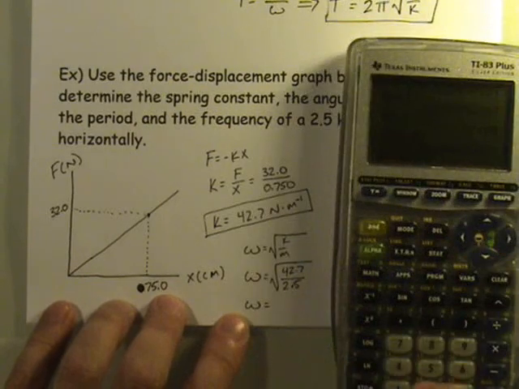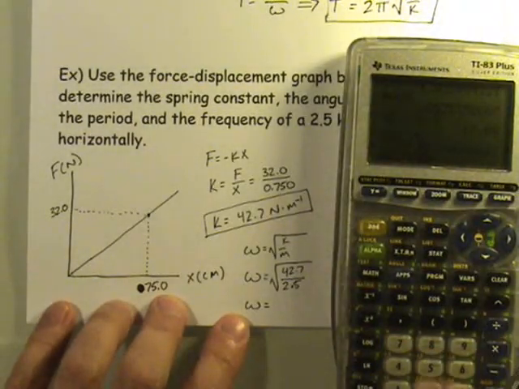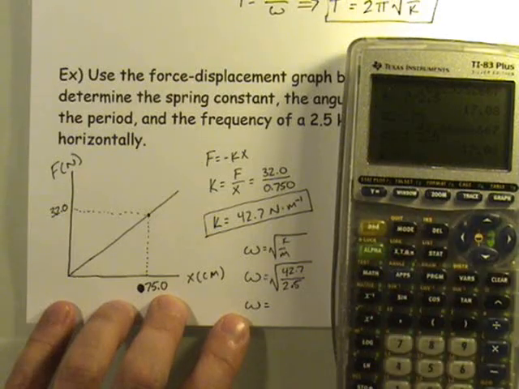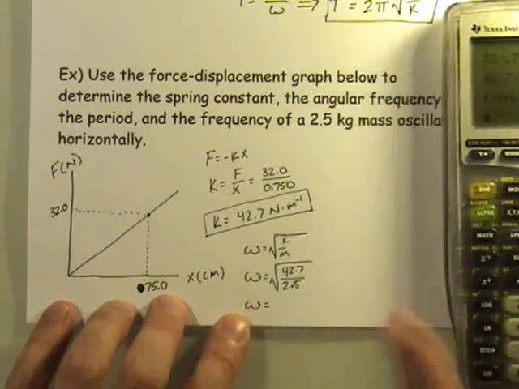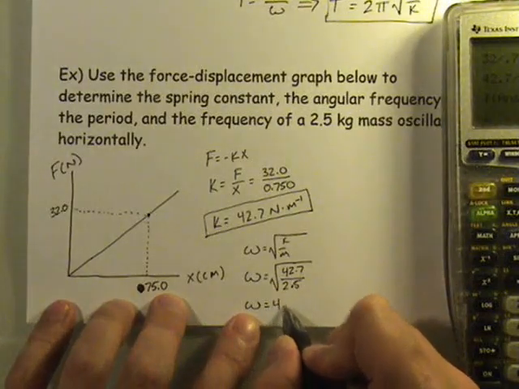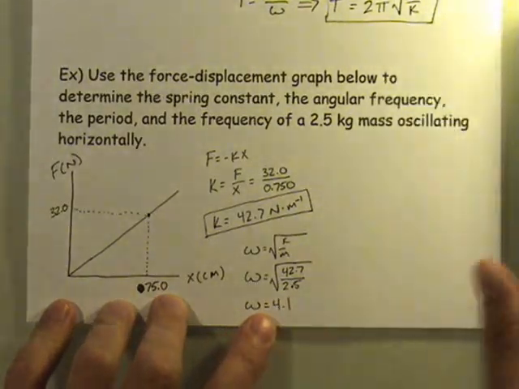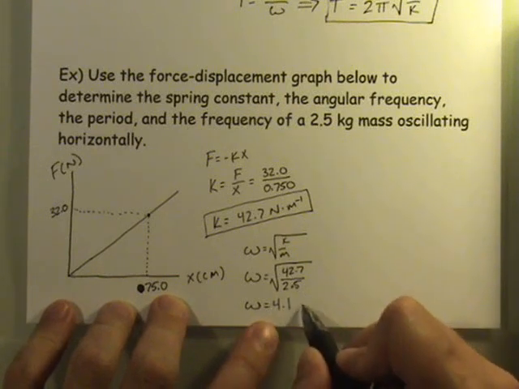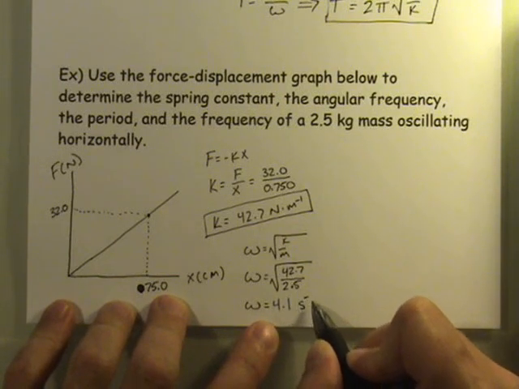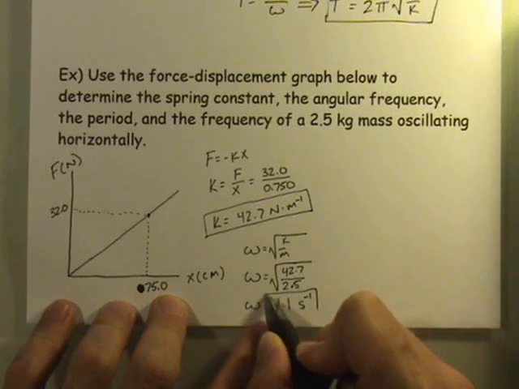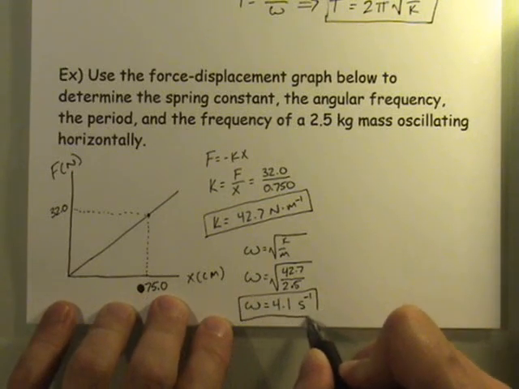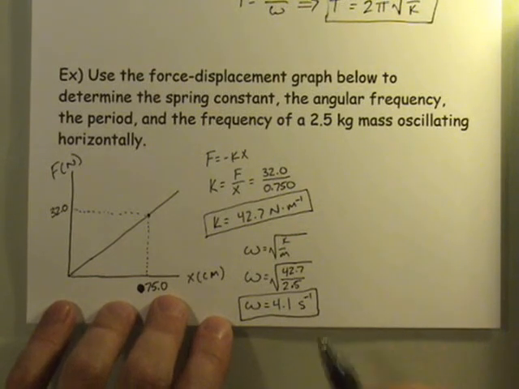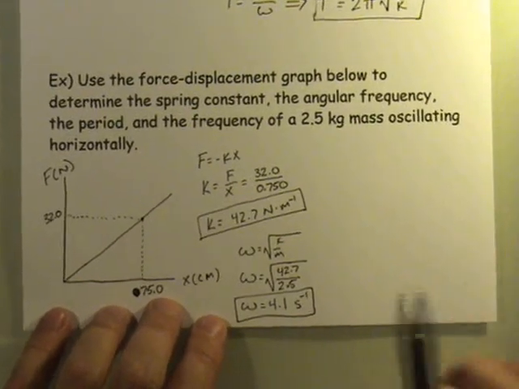And so in this case, we get 4.1. If you think real quickly what the units are for the angular frequency, this one is in units of inverse seconds. Okay, not hertz, just inverse seconds. Remember, really the angular frequency is radians per second, the number of radians per second that we're moving through.